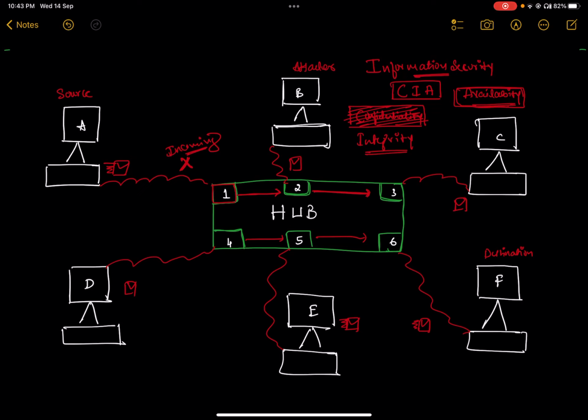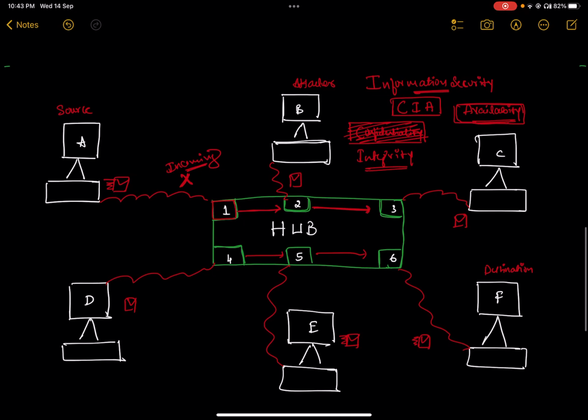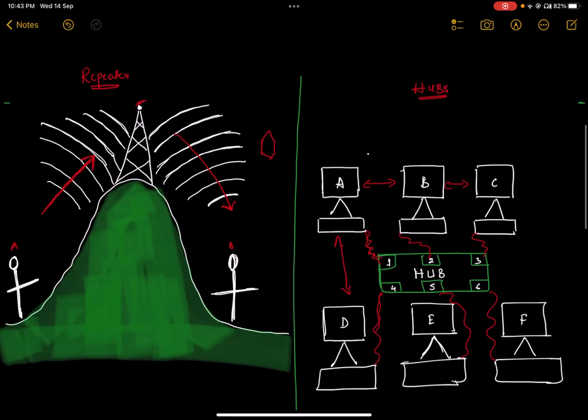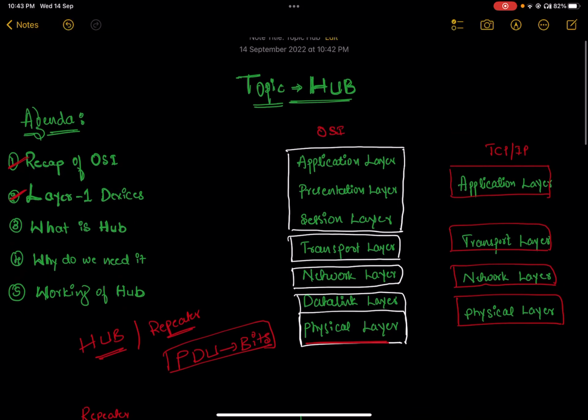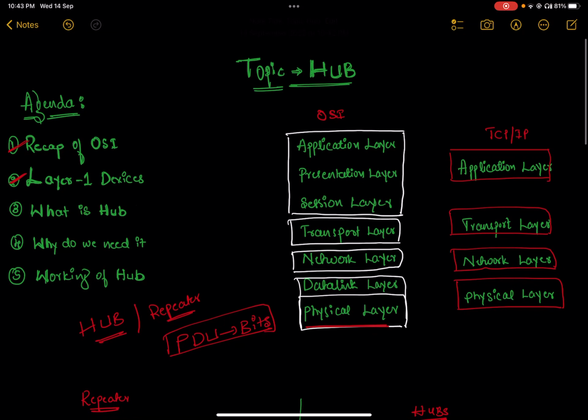So I think this is more than enough for today's class, and let's see what we discussed before we conclude. We talked about OSI layers, and then we mapped them to our TCP/IP model, right? And then we also talked about layer one devices like hub and repeater, right?